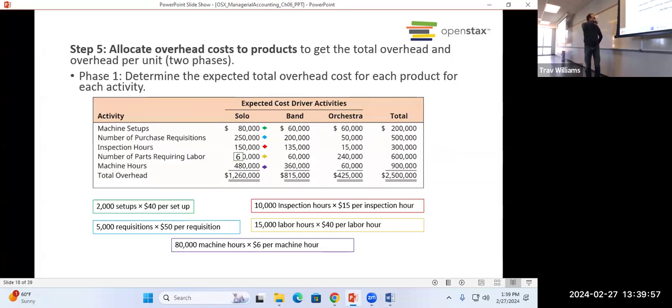Okay. So once we go through this process, we figure out how much overhead in each cost pool for each product. We can get the totals by cost pool, which add up to 2.5 million, and the total by product, which also add up to 2.5 million. Okay.